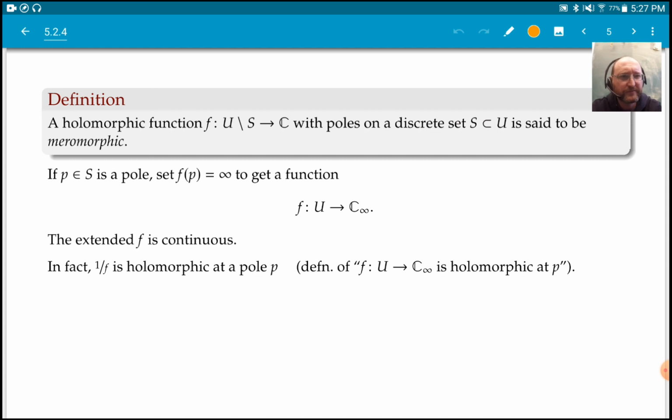Now, we don't quite yet, at least, have a definition of what it means to be holomorphic for a function that's valued in C infinity. If we're on U minus S, it's really valued in C, so we have a definition of holomorphicity, but at the poles, we don't know what it means to be holomorphic when the function is equal to infinity.